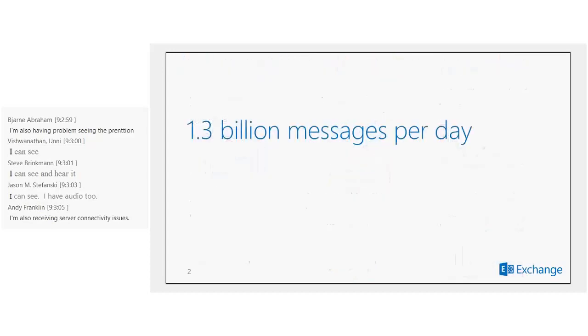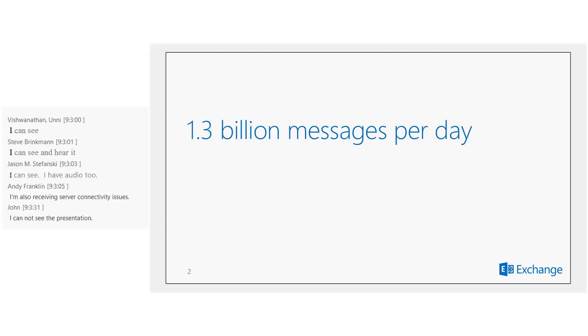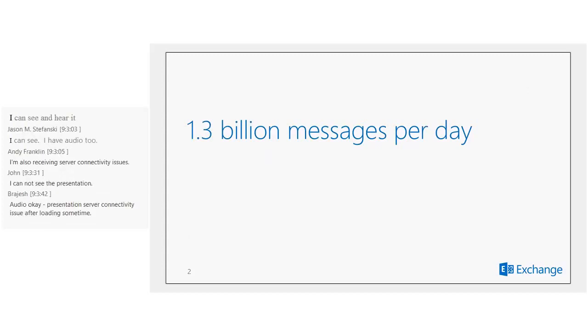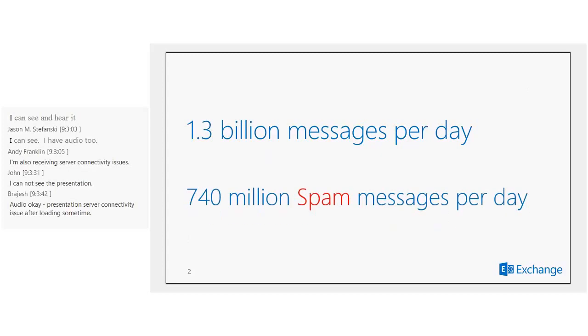And just to give you a magnitude in terms of the spam, and also in terms of why the service is so vital, and why you want to use such a service: this is an average figure that we get, about 1.3 billion messages per day on an Exchange server. And out of this 1.3 billion messages, about 740 million are spam. Now that's about 68%, which is still less than how it used to be, let's say 5 years back.